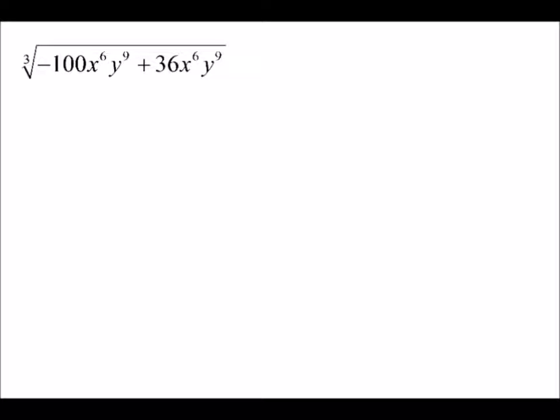Let's look at this. The root sign acts as a bracket which cannot be split. Remember what we said, you cannot split a root over a plus or a minus. So we cannot split this, so that means we have to simplify first.